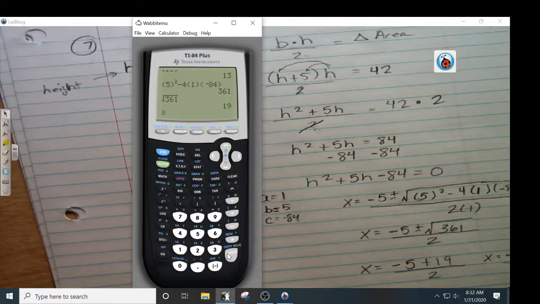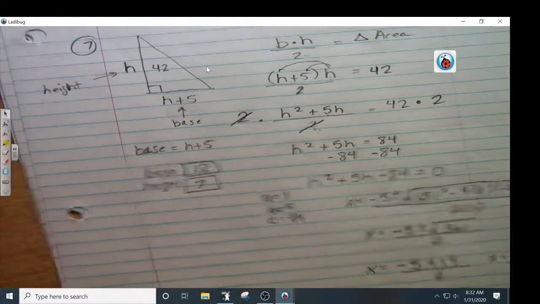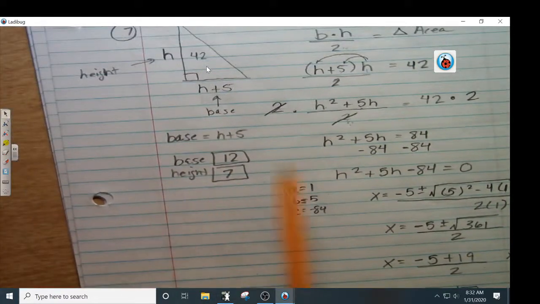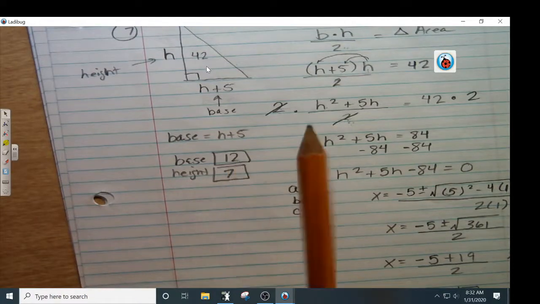Your base is 12. And the reason why it's 12, my fault, I just did 7 plus 5. Because it said that the base is 5 more than the height. If the height is 7, then the base has to be 12 because it's 5 more.